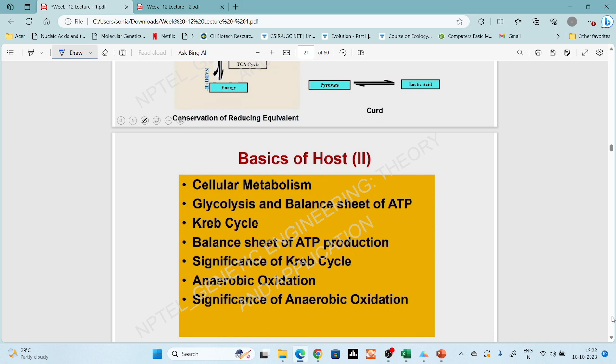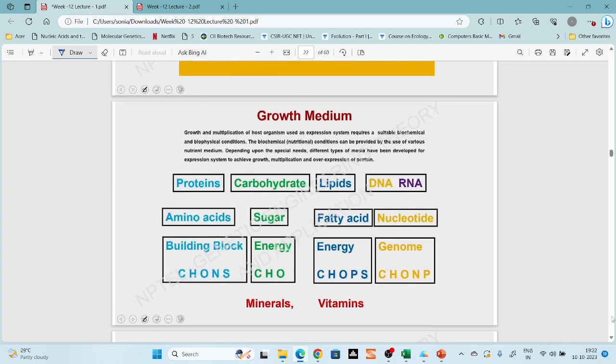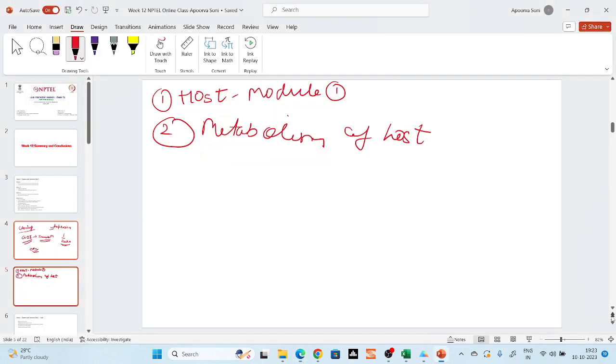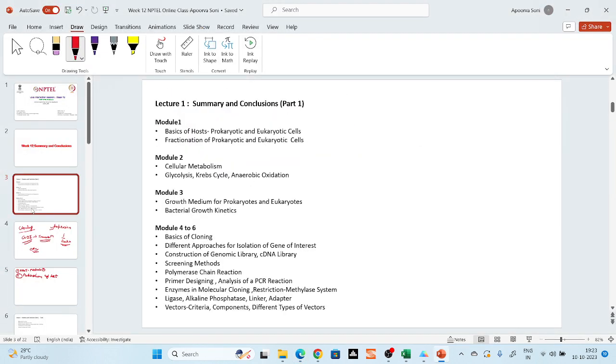And if you are going through anaerobic oxidation, without the presence of oxygen, then how the synthesis of lactate and ethanol takes place, and what are the enzymes which are required. This is what we have studied in the second module, I suppose.